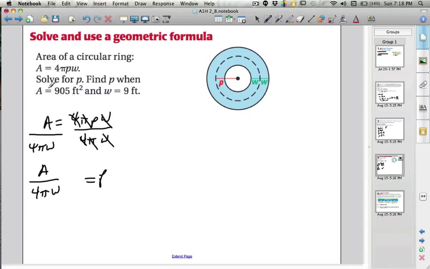Now, if I take my supplied values, I'll have 905 feet squared divided by 4 pi times 9 feet. Now, the feet is going to eliminate the squared part of my feet here, so my answer is going to be in feet.